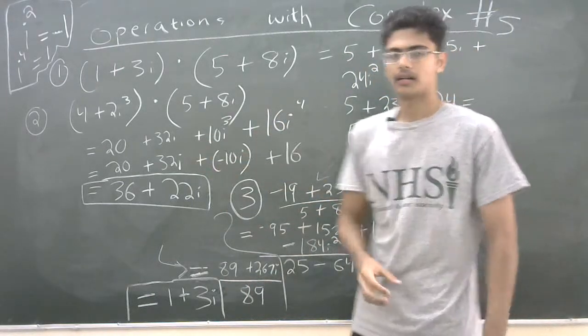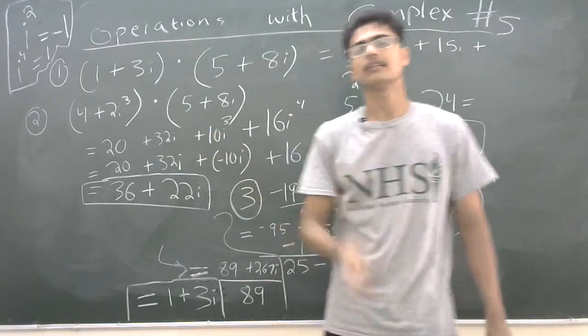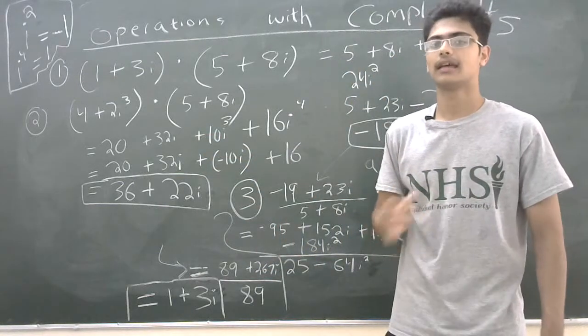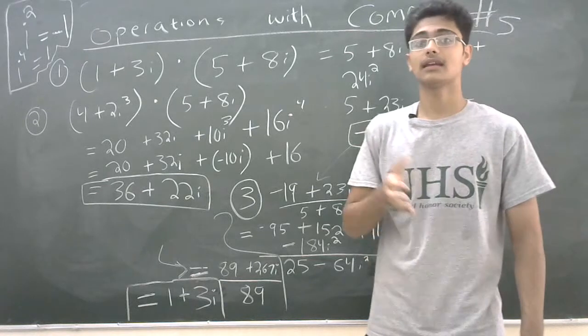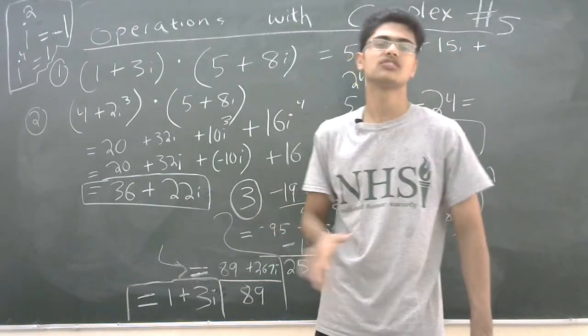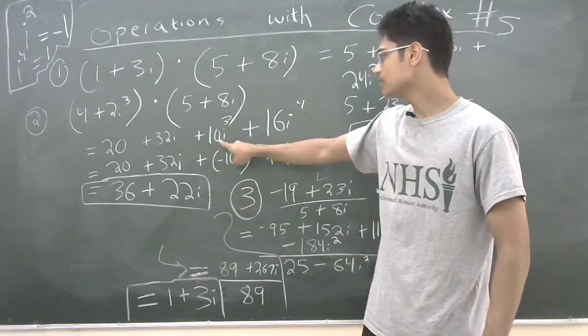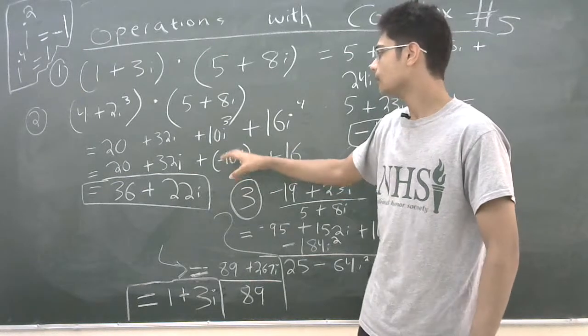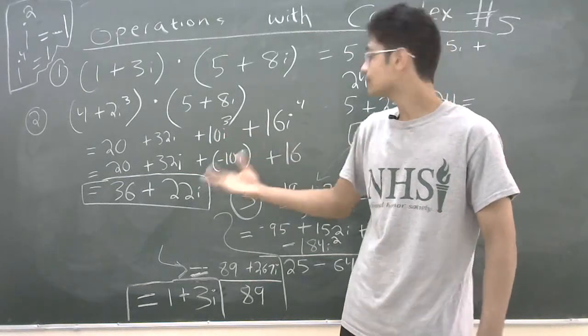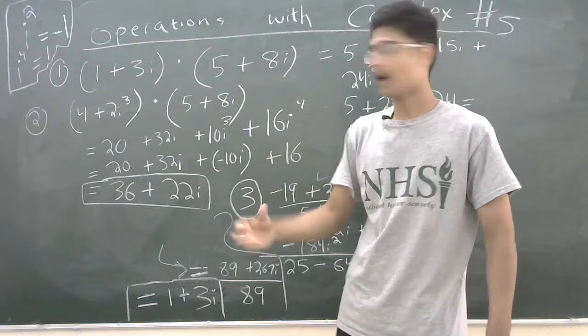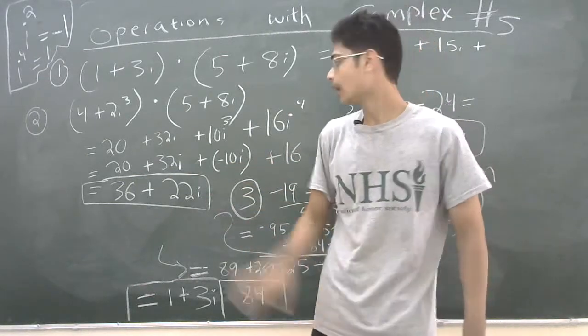So again, think about it. Now we look at i cubed. We know that i squared is -1, and really we have -1 times another i, which is really -i. So when we simplify this further, we get really -1 times 10 times i. So we're left with -10i.